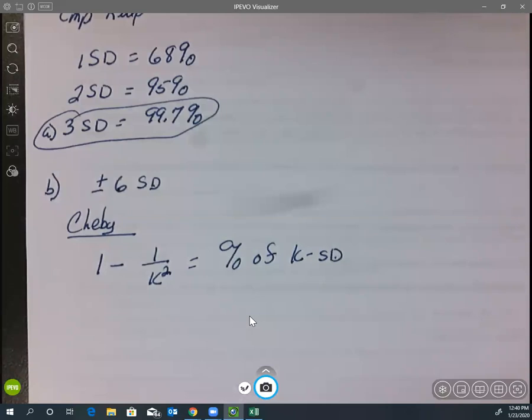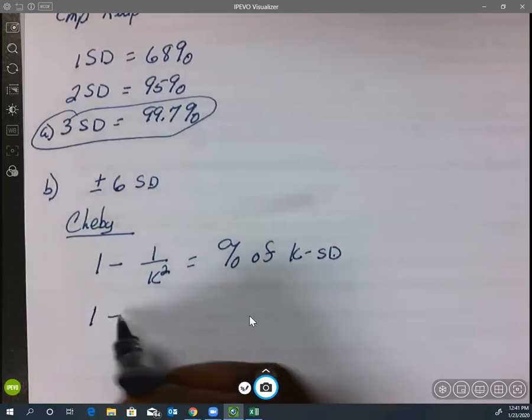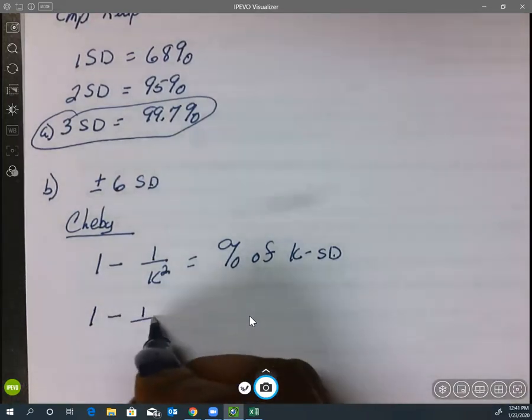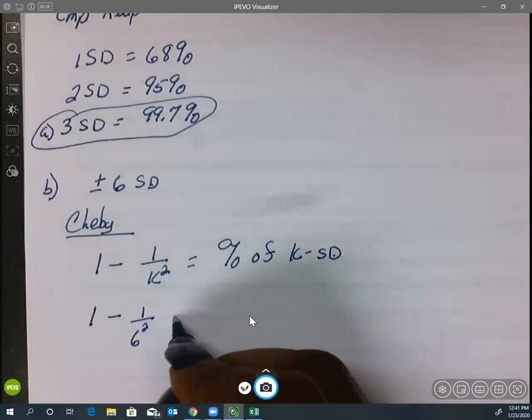Yours may be a different number. On one handout it is 7. On another one, it may be 4. So all we're going to do is replace the k with the number of standard deviations that they're asking us for. Okay, so that is 1 minus 1 over 6 squared.